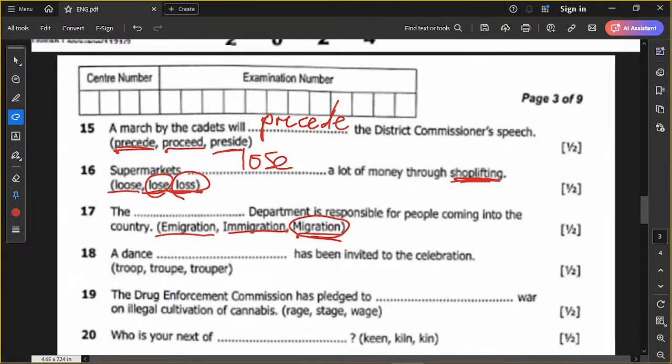Okay, so the correct answer here, we are told the dash department is responsible for people coming into the country.